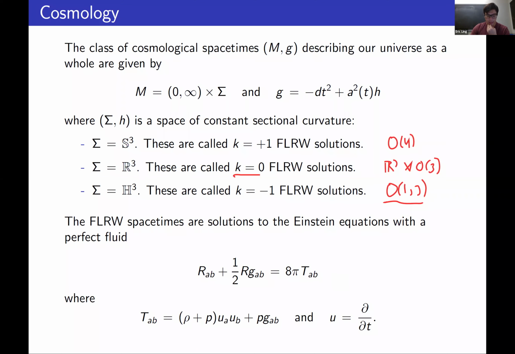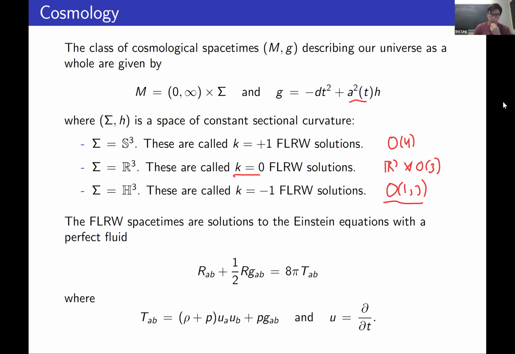Once you have rho and p, the Einstein equations tell you what the scale factor a should be. Once you specify rho and p, you close the system and you can find the scale factor.